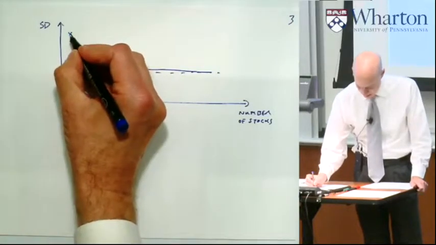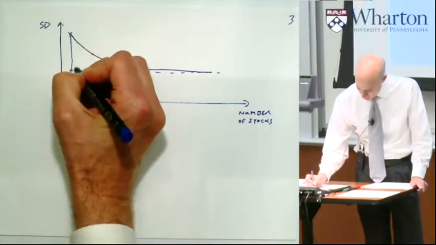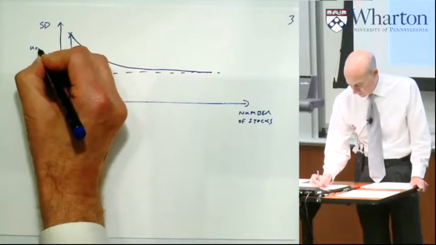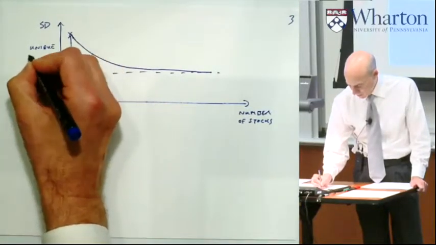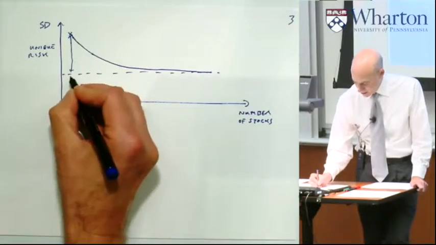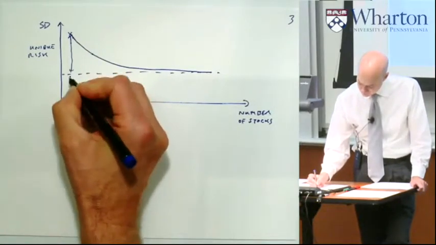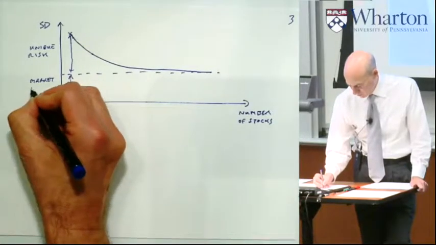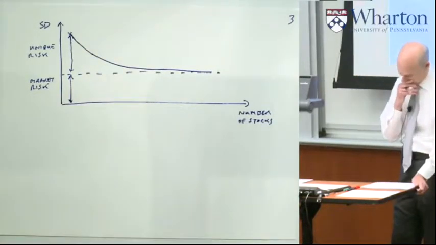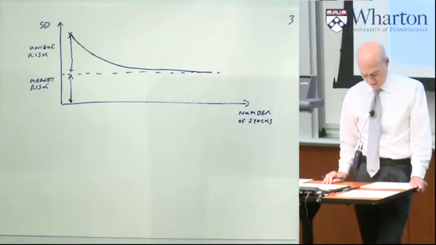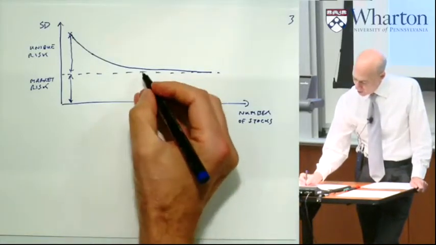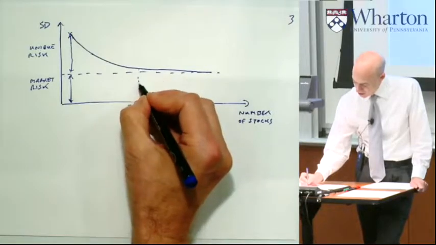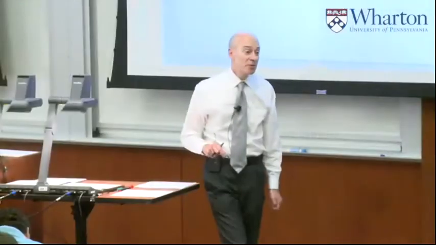So this is the unique risk, and this is the market risk. Now, one important issue is how many stocks do you need before you've got rid of most of the unique risk.